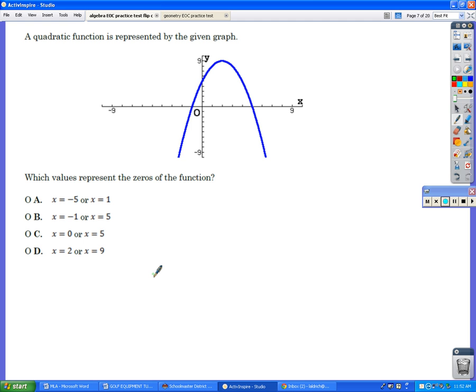What happens twice on this graph? Crosses the x-axis twice, yes, and that's what it means by zeros. It's where y equals 0, and so that happens at x equals what? -1 and 5, and so the zeros of a function are where they cross the x-axis.